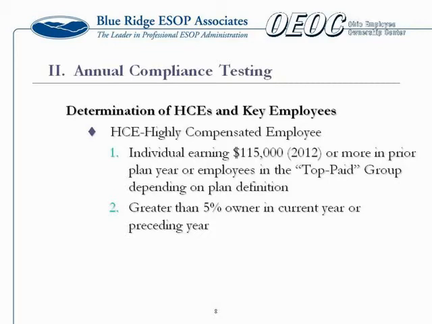Sometimes some people who in the normal definition would be over this $115,000, when you define them as the top 20%, are not actually highly compensated, and it may be the difference and allow you to pass that compliance test. You also could be highly compensated if you own more than 5% of the company stock in the current year or the preceding year.